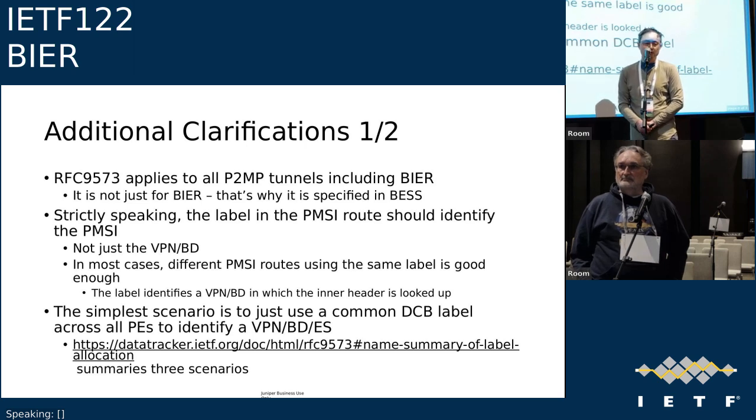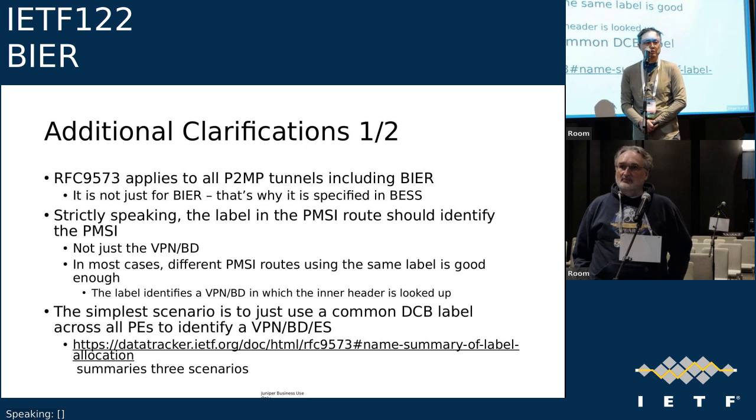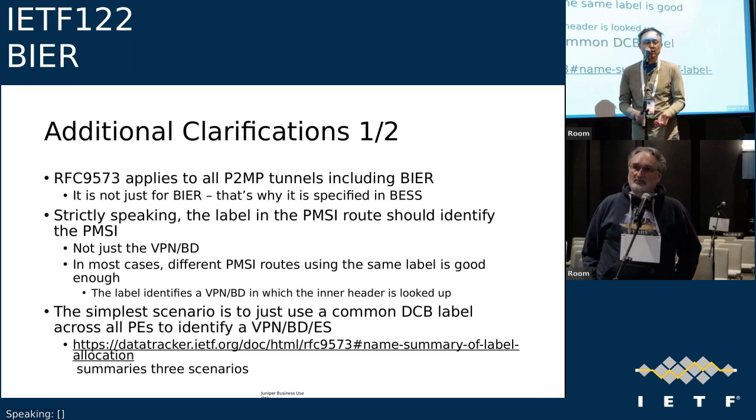It's not about who assigns the label. It is about where the label is from, where the label should be installed, and where the label should be looked up. And indeed, we can update the BIER encapsulation RFC to change the terminology from upstream and downstream to where to do the lookup. I actually have that in the MPLS discussion slides.